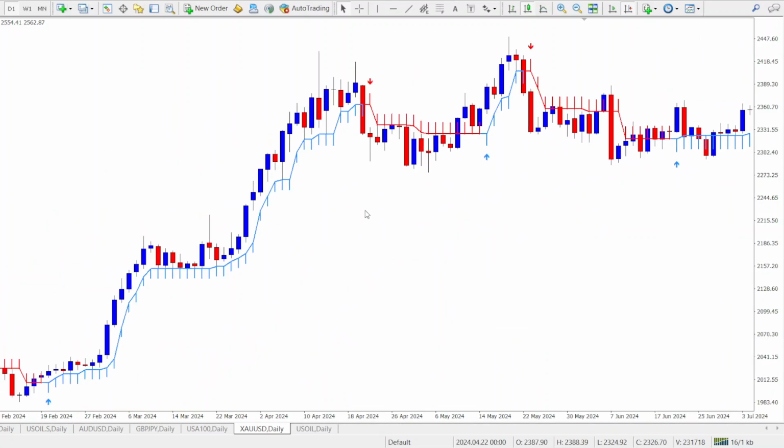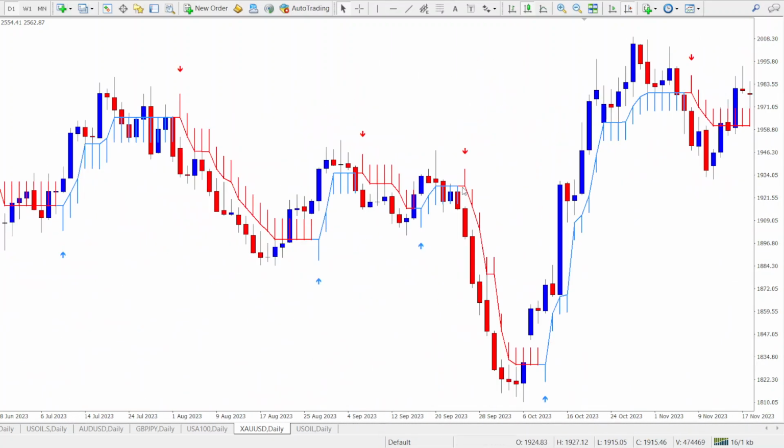On the other hand, for a sell trade, you have to watch out for the line of this indicator being red and trending downwards. Then just right after the red arrow forms above the candlestick pointing downward, you can enter a sell.